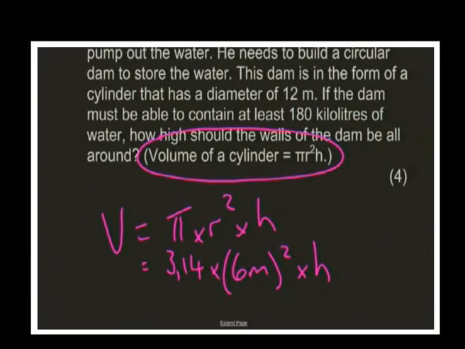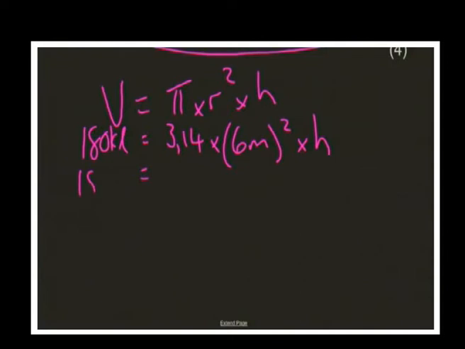Now, what is the volume of this actual dam? It's going to be 180 kiloliters. So now we can work out the actual volume of our dam. I've got 180 kiloliters is equal to 3.14 multiplied by 6 squared, which we know is 36, multiplied by my height.